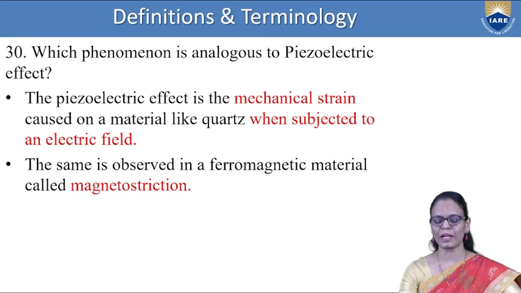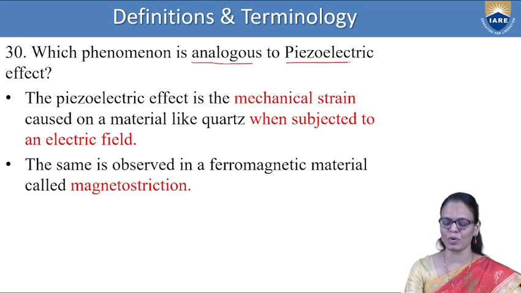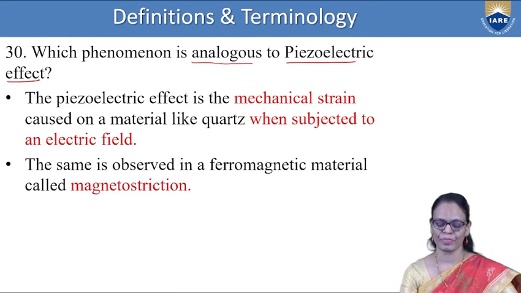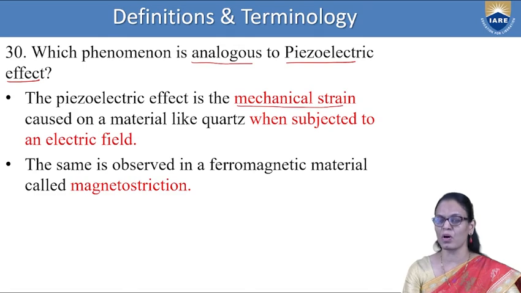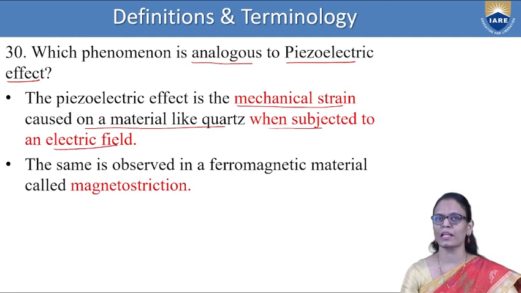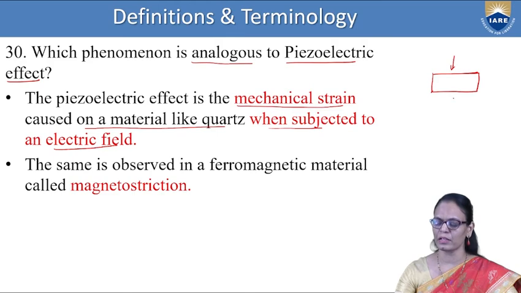Next, which phenomenon is analogous to the piezoelectric effect? What is the piezoelectric effect? It is the mechanical strain caused in a material like quartz when subjected to an electric field. If you take a quartz material and apply an electric field to it, there will be a mechanical strain in this dielectric material.